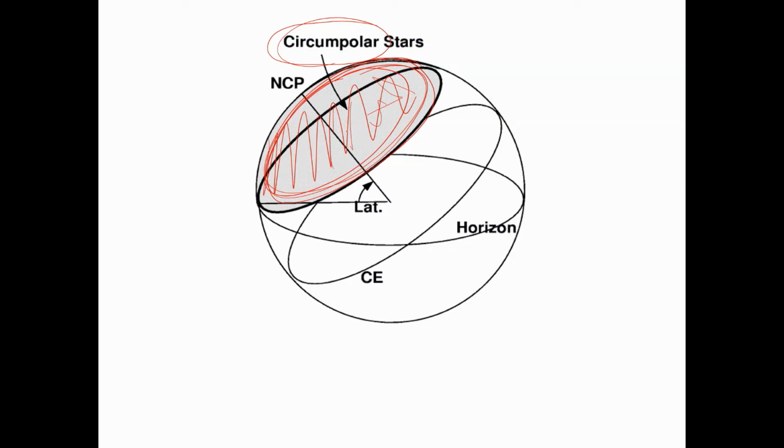Now there is a region in the southern hemisphere that's also circumpolar, but we concentrate on the northern hemisphere here with you as the fact that we live in the northern hemisphere, and that's what we're going to focus on. So circumpolar, that's usually about 0 degrees down to about 20 degrees. This is the area where the stars are always visible.